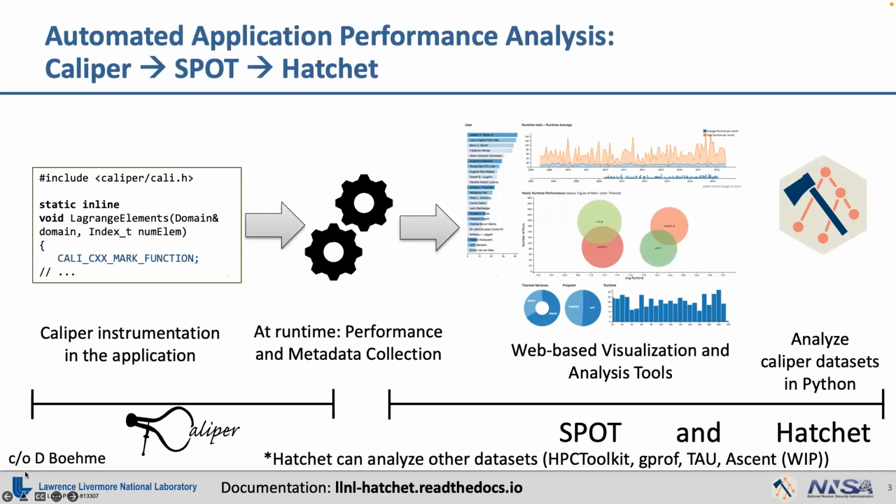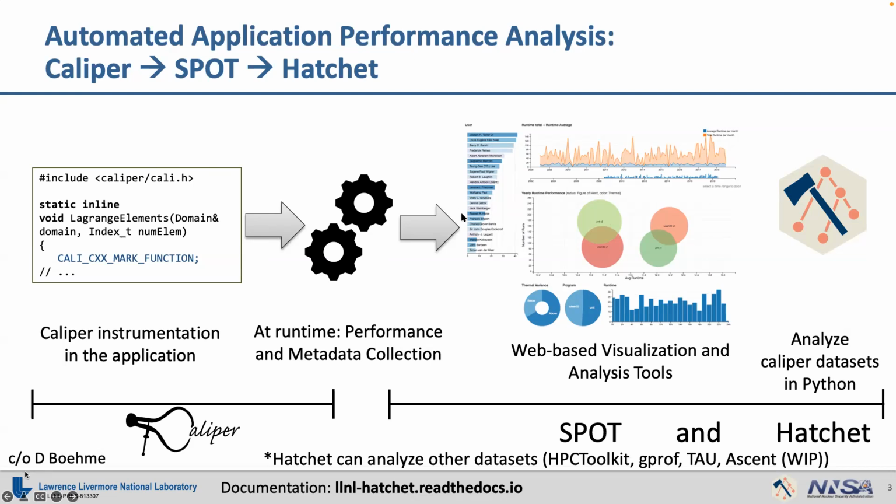Okay, so revisiting the software stack of tools that David had mentioned for our performance analysis suite that we've developed. David covered these two tools on the left. We have Caliper for measurement and annotation of our codes. We have Spot here in the middle for web visualization. And then we have Hatchet here, which I'll go into, which provides programmatic analysis on the same input files that Spot works on, and that's by design. As David had shown from Spot, you can click on a notebook or a Saturn icon at the bottom, and this will pop up a Jupyter notebook where you can perform your Hatchet analysis.